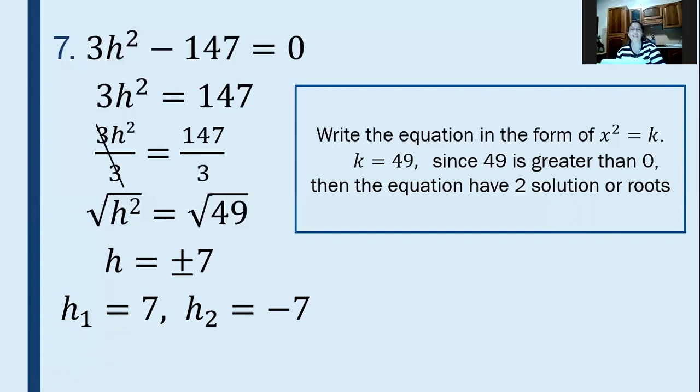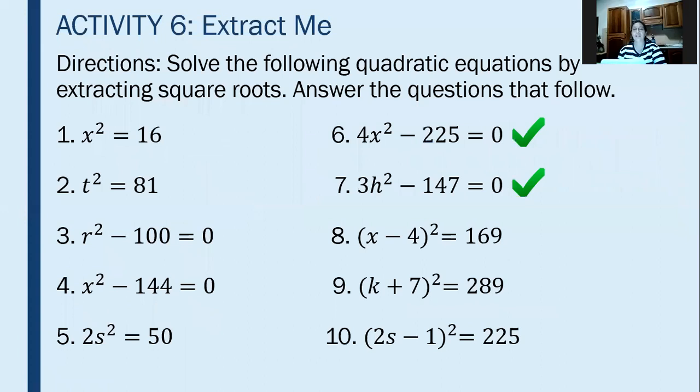Is that clear, class? We have two real solutions or roots. Again, if the question is find the solution, find the roots, or solve the following quadratic equation, we have to solve for x. Is that clear?